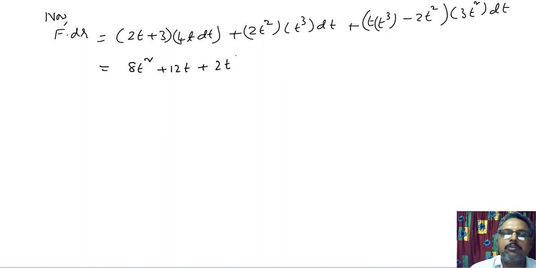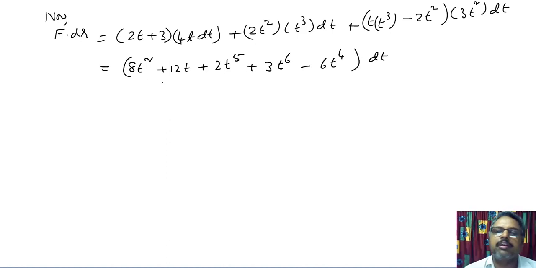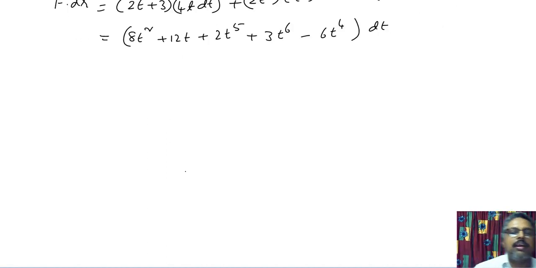Okay, there is no repeated terms, so no problem. Integral f dot dr equals integral of 8t square plus 12t plus 2t power 5 plus 3t power 6 minus 6t power 4, from 0 to 1. Now put t equals to 1 first.